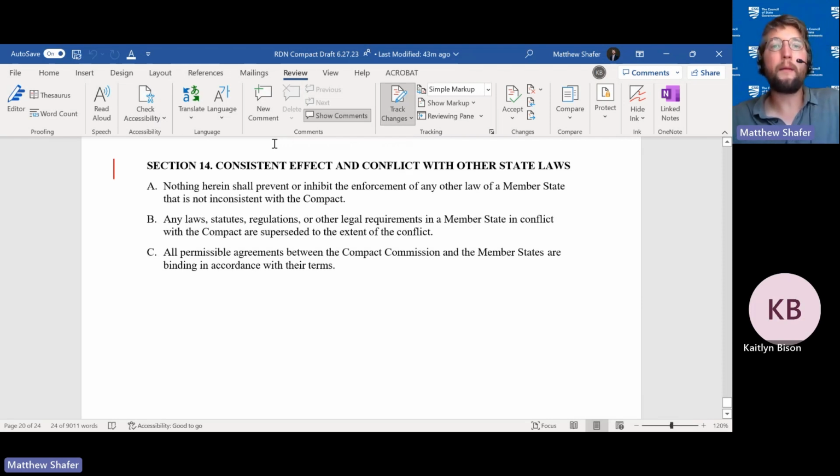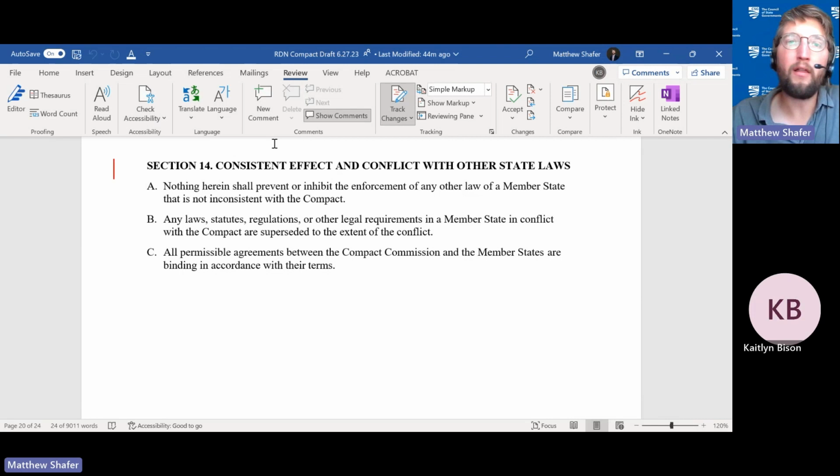This just says that if the compact conflicts with anything that currently exists in state law, the compact would supersede. In some instances, a state might have a particular requirement and the compact says something different. Where there are conflicts like that, the compact supersedes because the compact is the more current statute on the books, and so it supersedes that which went before it.